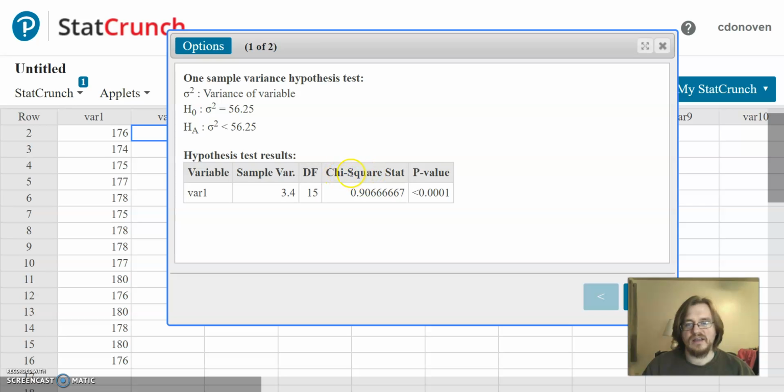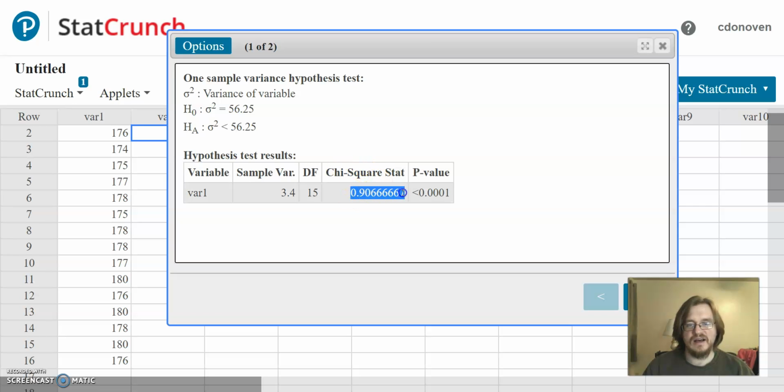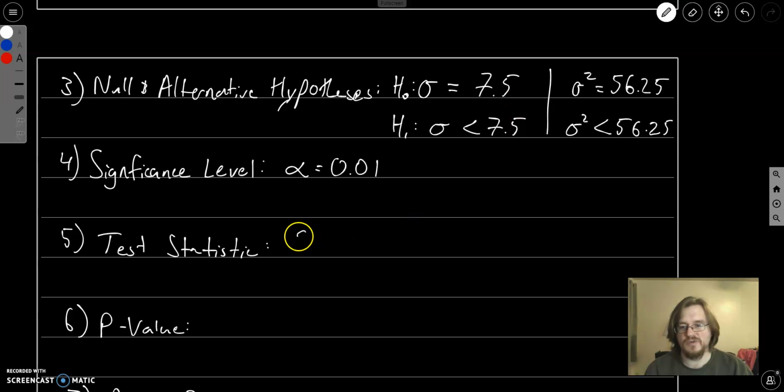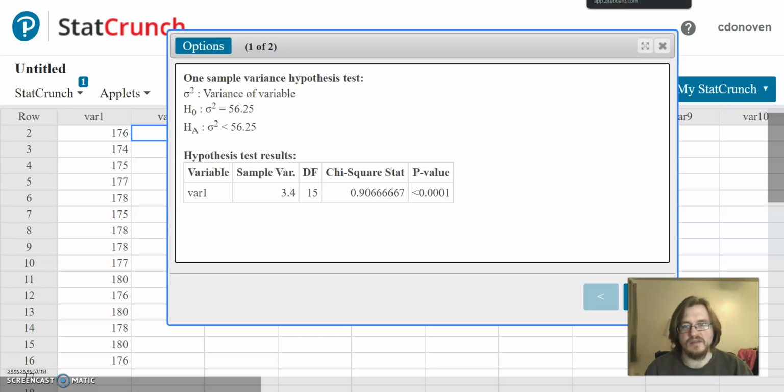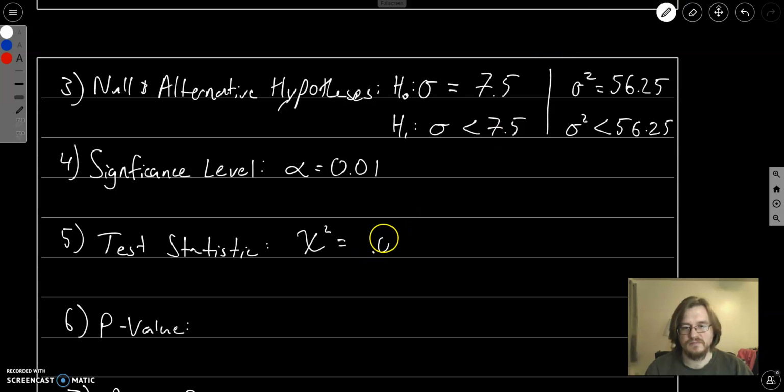Our chi-squared statistic, so this is our test statistic right here, is going to be 0.9066, and then we can round it to 0.907, let's say.